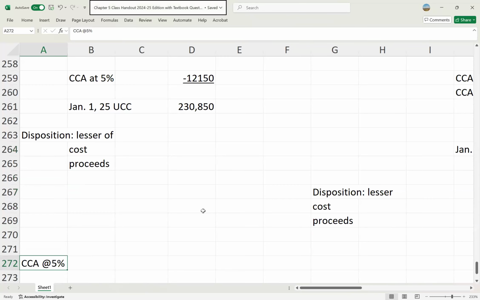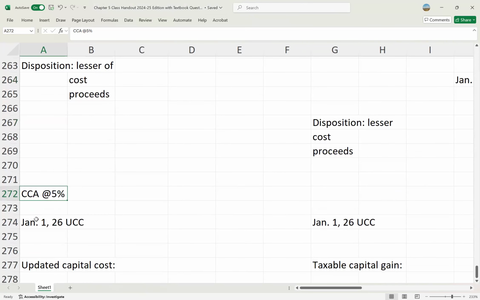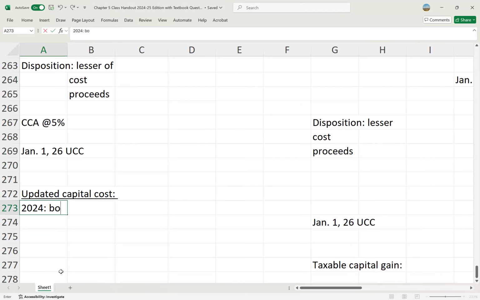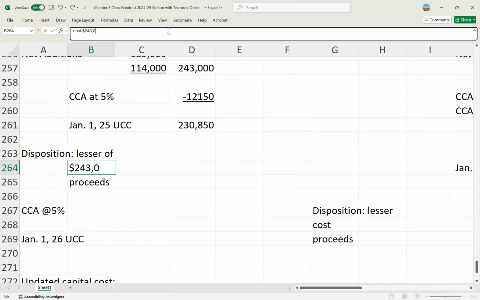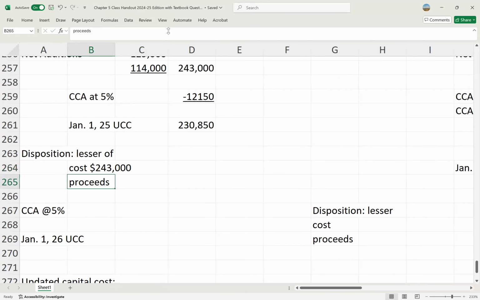And so now we've got to track, actually, let me just bring all this up here. Let's just actually track the cost of the goodwill. In 2024, they bought 2 businesses, and the total goodwill was 243,000. So that was the total cost. So when they sell part of their business in 2025 and they get a payment for goodwill, the cost we're going to use is the total cost that they added to class 14.1 for goodwill, which is 243.